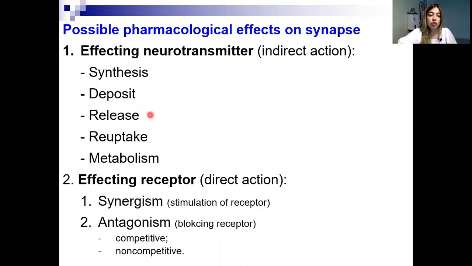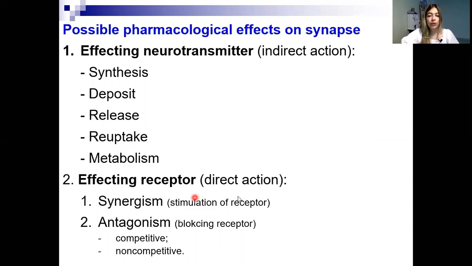Also, we can stop the release or reuptake of acetylcholine, reuptake of these parts of acetylcholine, and this all will have the effect like inhibiting the action of the synapse. And also we can affect the metabolism of acetylcholine by stimulating or again inhibiting this.